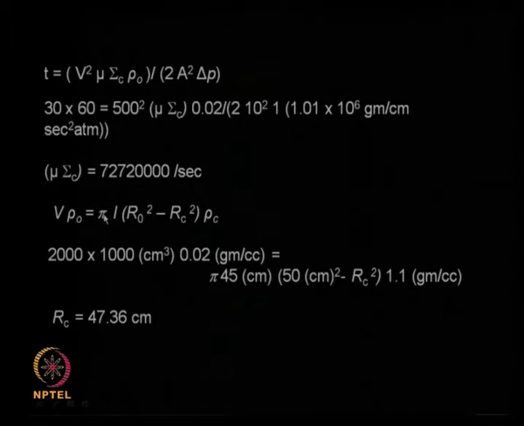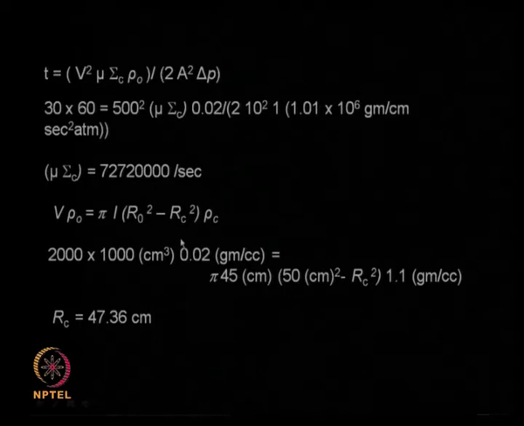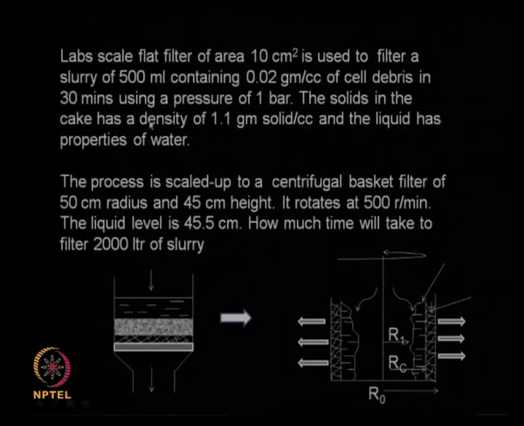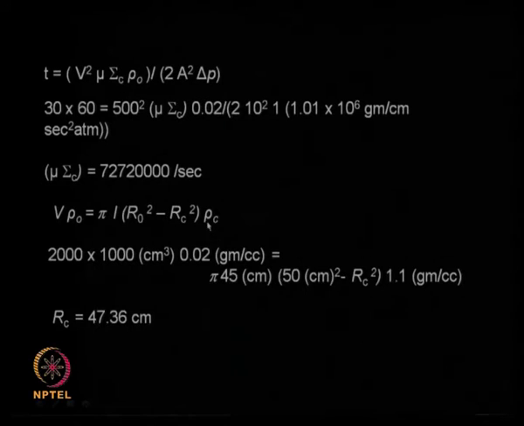This is like pi L, L is the height of your centrifuge, R naught square minus RC square, that gives you the area of the cylindrical cake that forms in the centrifuge, understand. So pi into height into area of the cylindrical cake gives you the volume of the cake that forms in the centrifuge, and you are multiplying by the density rho c, which is also given.